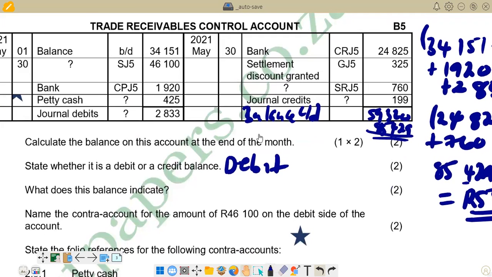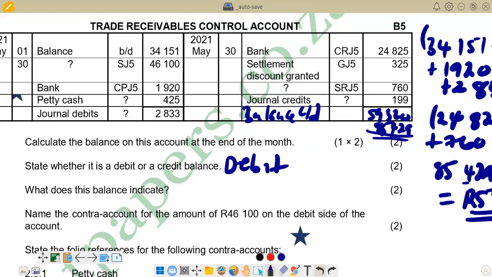So remember, this is a trade receivables control, and we are saying it's summarizing all the people or businesses that we sold goods to on credit. So the indication is that these are the people that are still owing us money that we sold goods to on credit.